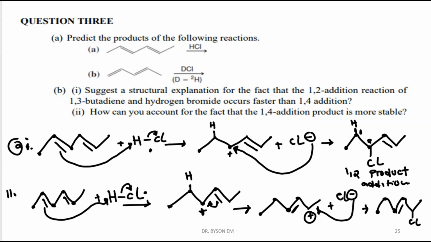So this is what we call a 1,4 addition product. It is 1,4 addition because the hydrogen attached here on carbon 1, 2, 3, and then the chloride attached on carbon 4. So that is two ways in which A can react.